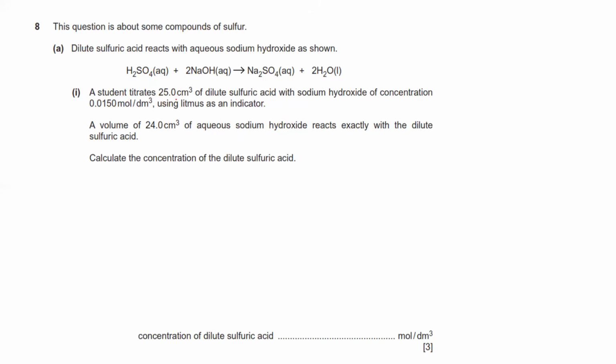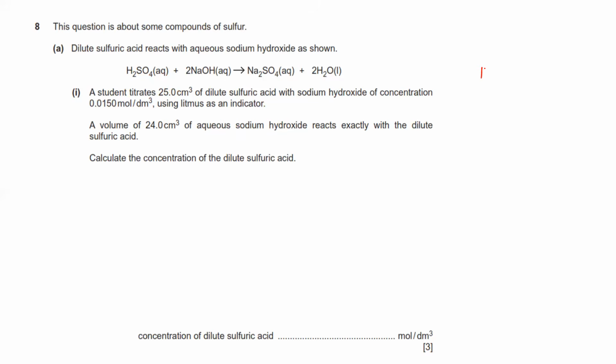And before that, we have to find out the moles of sodium hydroxide involved in the reaction here, and from that we can estimate the moles of sulfuric acid, and from the moles of sulfuric acid we can estimate the concentration. So let's try to solve it.